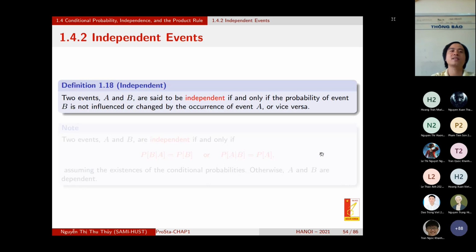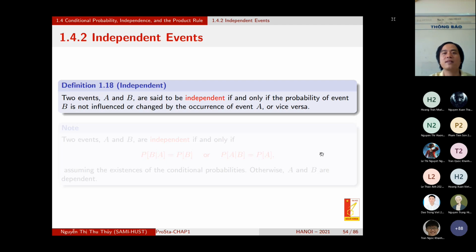Now we consider the notion of independent events. We consider two events A and B in the same experiment, and we say that they are independent if and only if the probability of one event is not influenced or changed by the occurrence of the other, and vice versa.